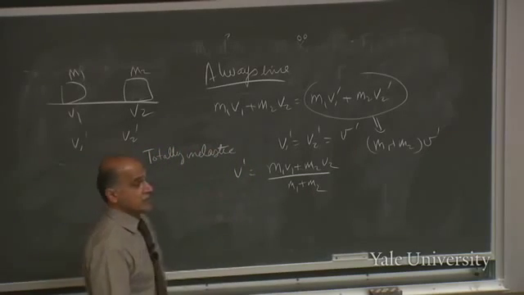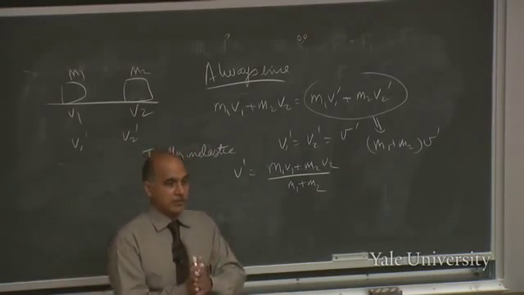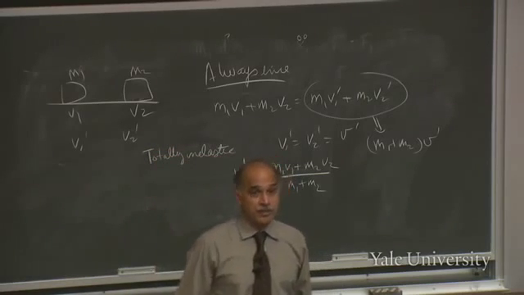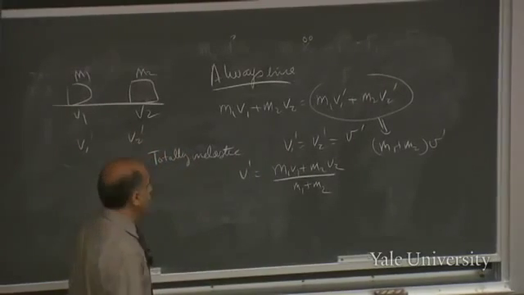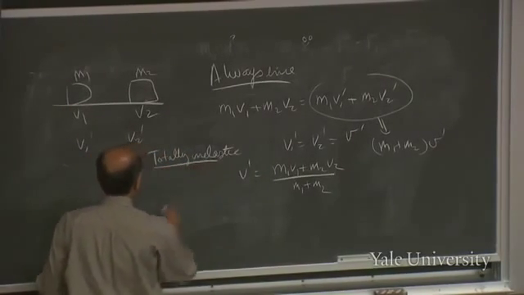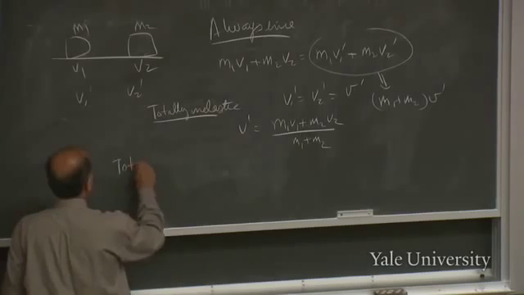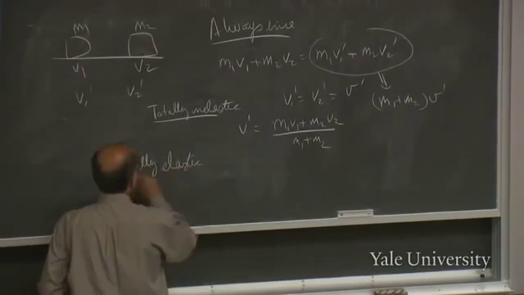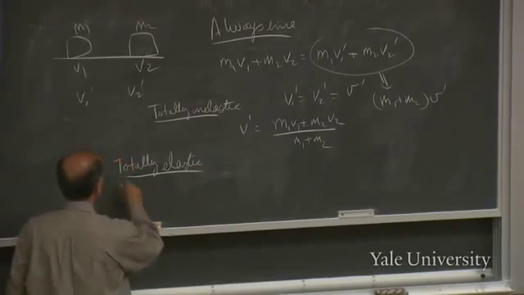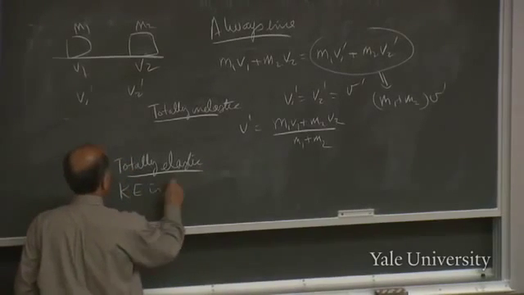That's a simple case. Two things hit, stick together, and move at a common speed. The common speed should be so that the total momentum agrees with what you have before. That's called totally inelastic. The other category is called totally elastic. In a totally elastic collision, kinetic energy is conserved.